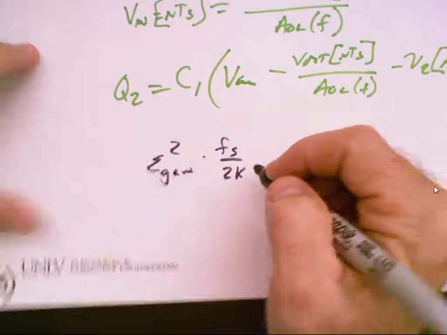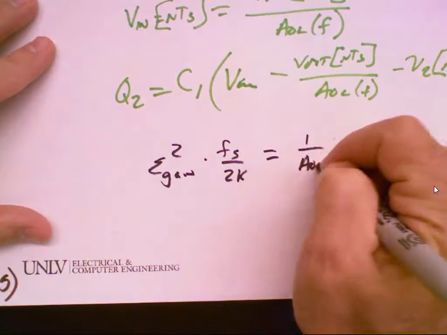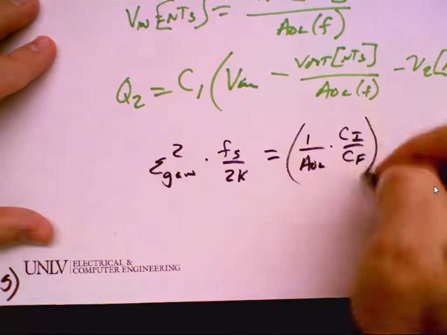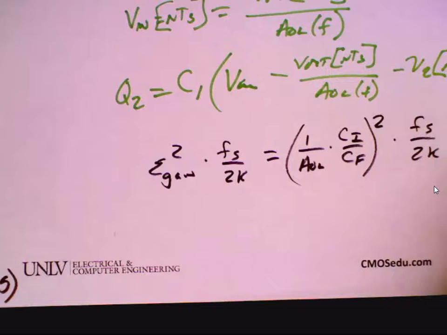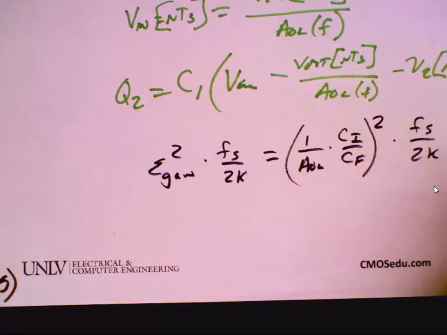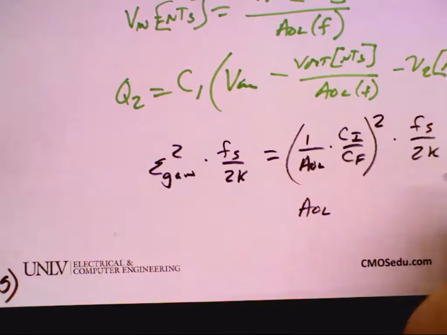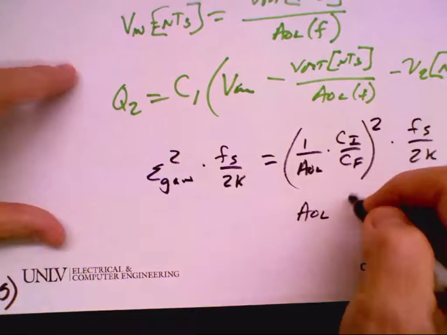If I plug in the gain term, I get 1 over AOL times CI over CF, squared, times Fs over 2K. If I look at the DC component, and we'll talk about op-amp settling time in a moment, then AOL, this term right here, in order for this to be small, has to be greater than K.